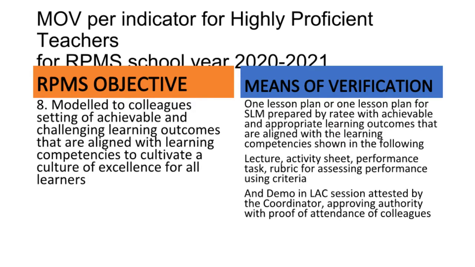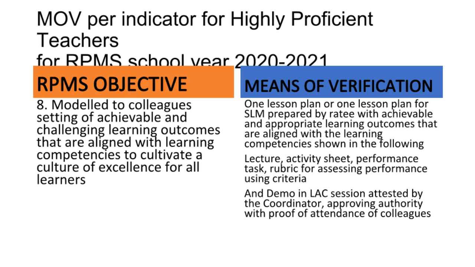RPMS objective. Modeled to colleagues setting of achievable and challenging learning outcomes that are aligned with learning competencies to cultivate a culture of excellence for all learners. Means of verification.